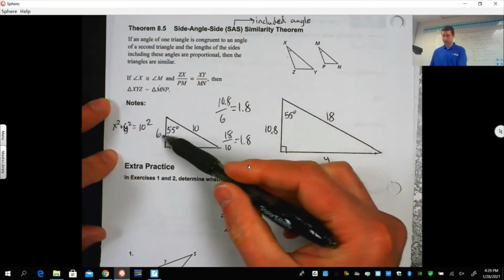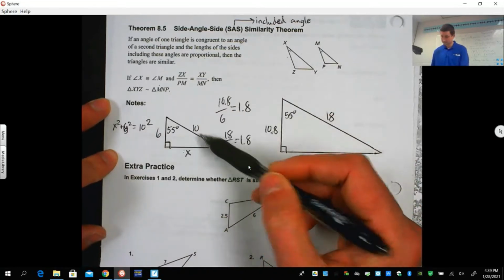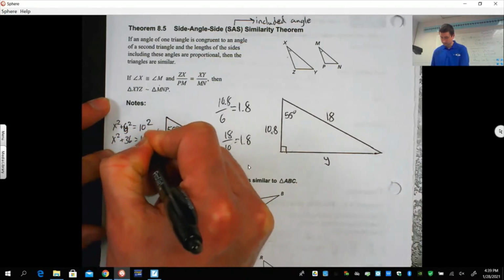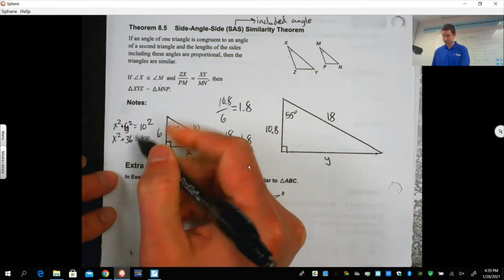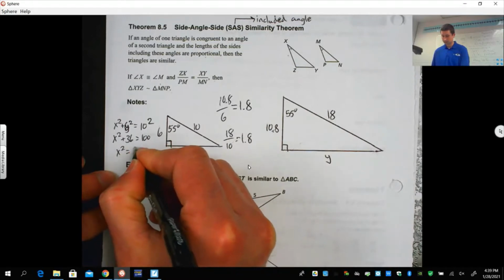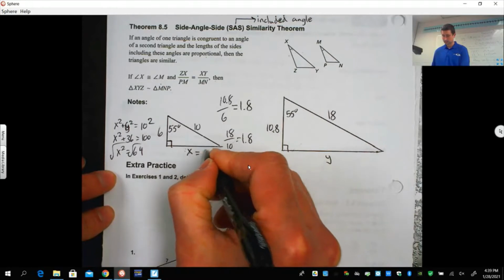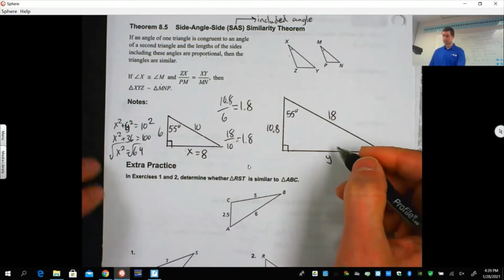The two legs squared equals the hypotenuse squared. So x squared plus 36 equals 100, minus the 36 over. X squared equals 64. And square root that, you get x equals 8. So x would be 8 there.